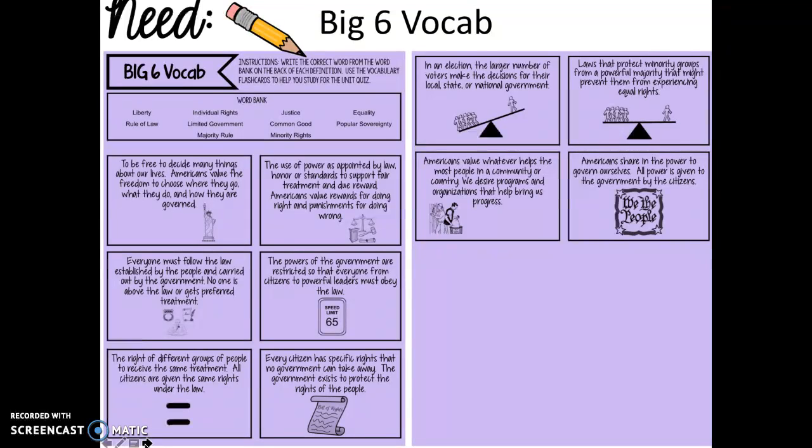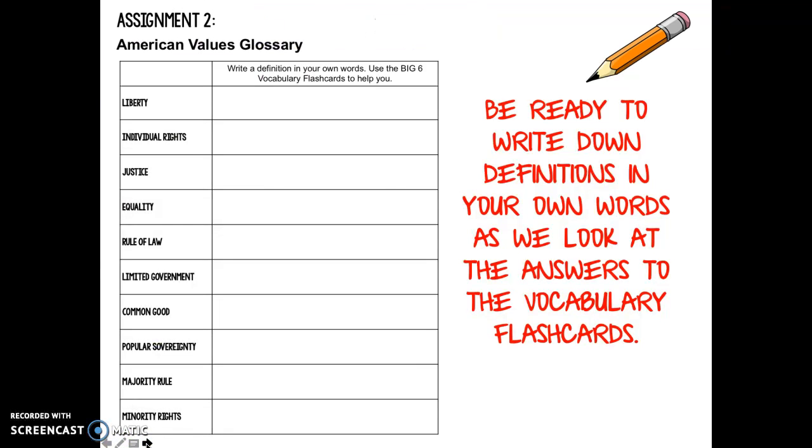We are going to make sure that we have the correct words associated with each one of these flashcards. These words are part of the American values that we are going to use to identify how they relate to moments in history. Okay, and we're also going to utilize this page in our packet. This is assignment 2, American Values Glossary.